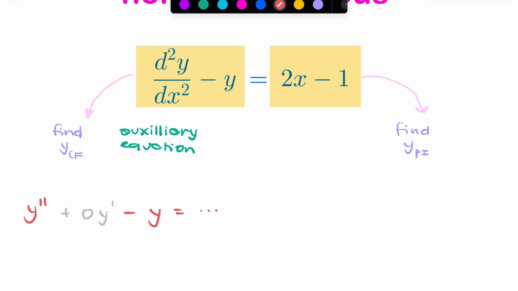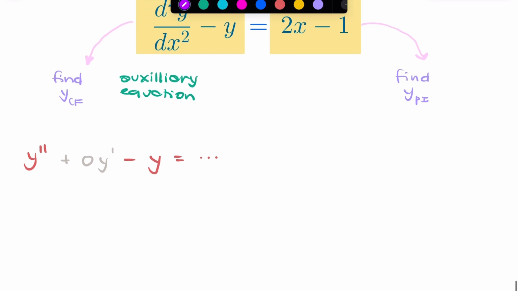So if I wanted to turn that into a quadratic auxiliary equation, it would be lambda squared plus 0 lambda minus 1 equals 0. So I'm looking at these coefficients. So this coefficient of 1 and that coefficient of 1. So that now is my auxiliary equation.